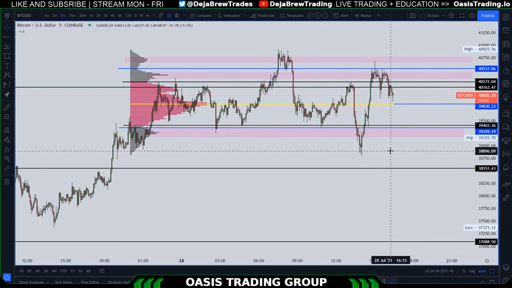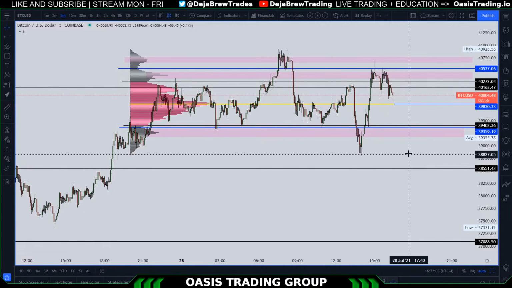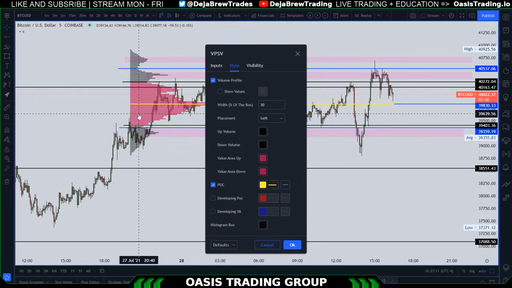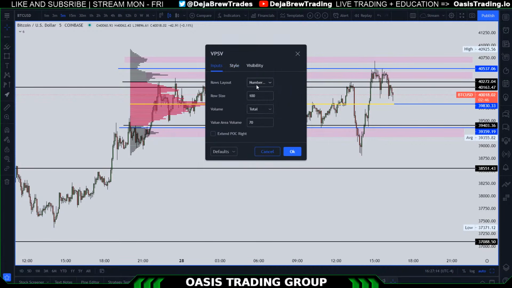But all right, unless you guys have any volume profile related questions, that is it for this part 3. Let me catch up with chat before we close it down. Could you please share your settings for VPSV? Yeah. My settings are number of rows, 100, total volume, 70 as the value area volume.